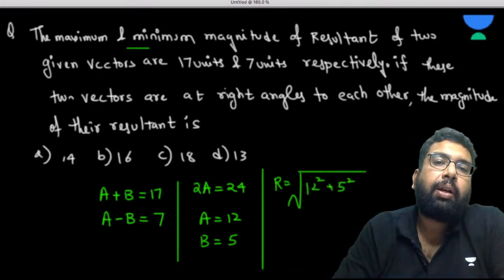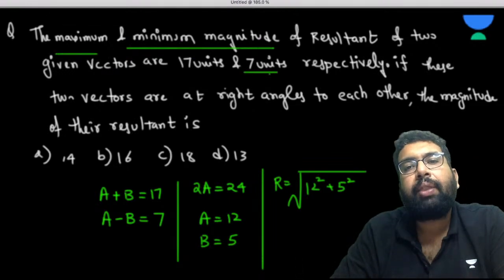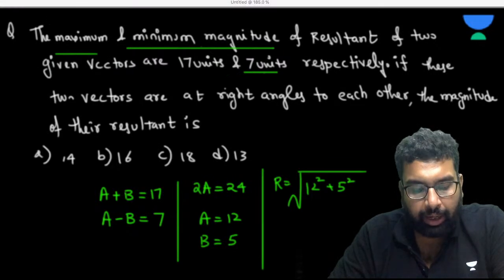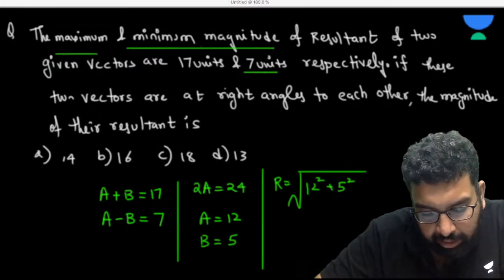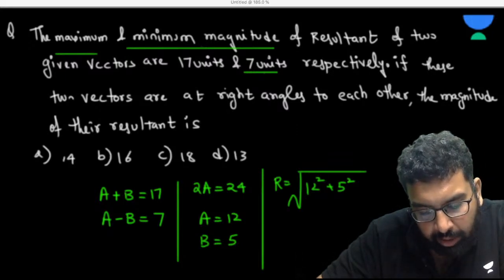The minimum magnitude cannot be less than 7. The minimum magnitude is 7, it is given. So the minimum magnitude comes when the two vectors are subtracted. Out of 12 and 5, we calculated 12 and 5 only.